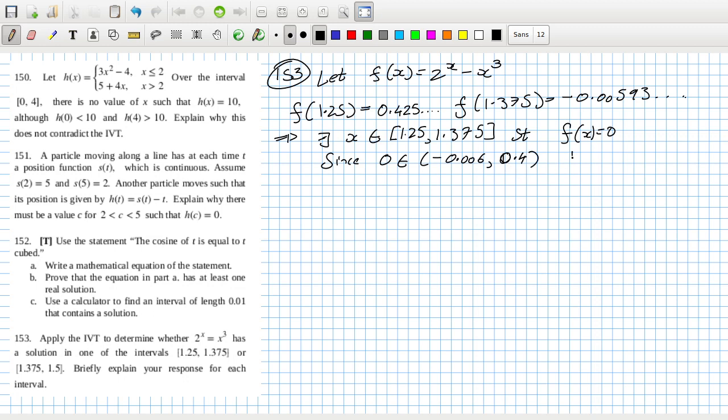Doesn't matter really. By IVT, the intermediate value theorem.